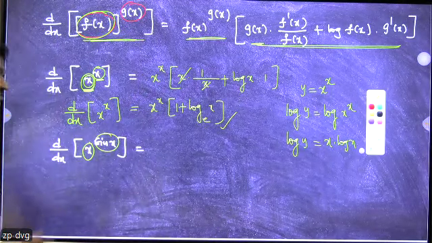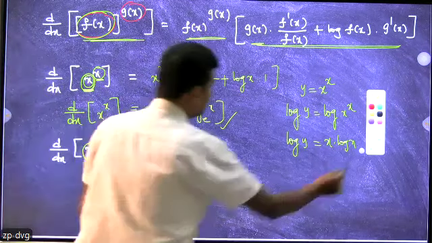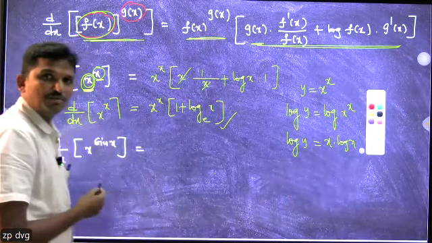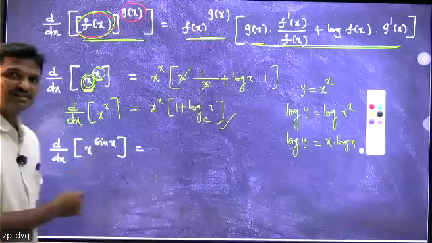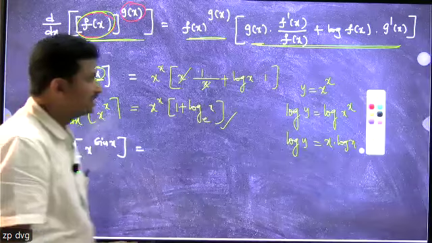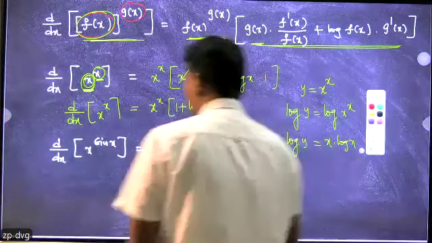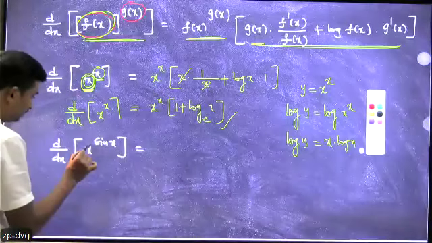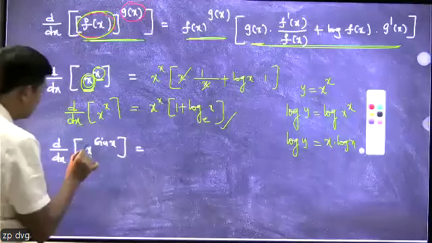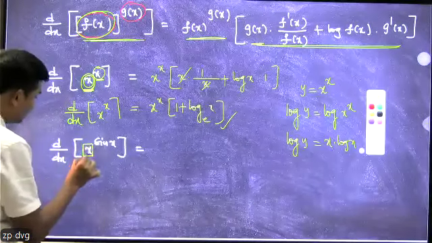Okay. Derivative of x power sin x. Regular method, you know. What is the regular method? Regular method is logarithmic differentiation. You take x power sin x as y, apply logarithm on both sides, and further you differentiate. But here, what way will you do this? f of x power g of x formula. This is f of x, right?